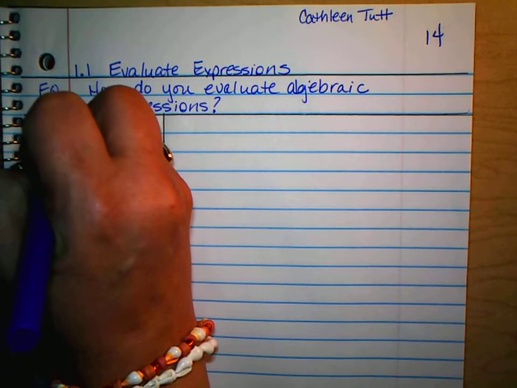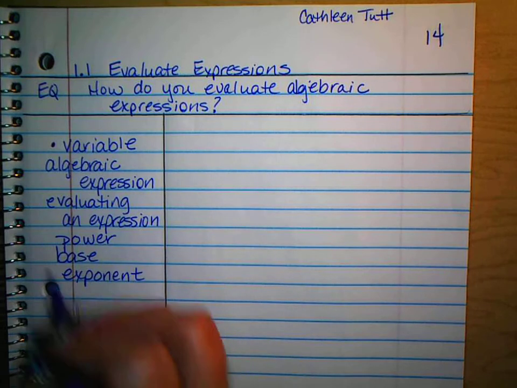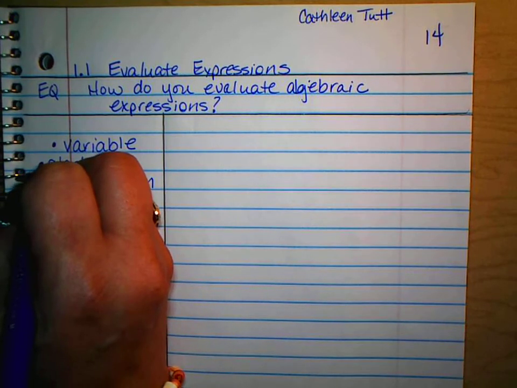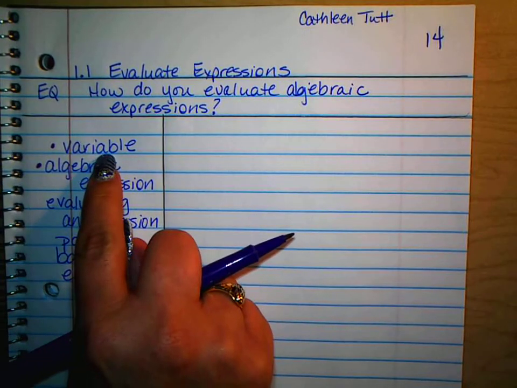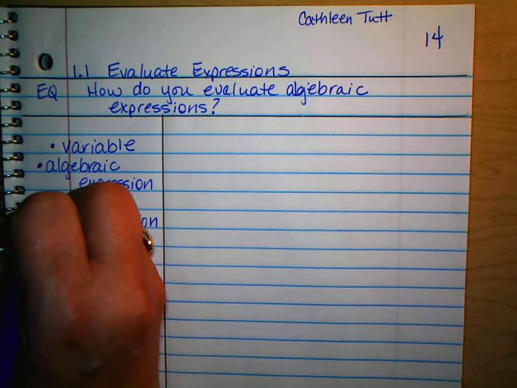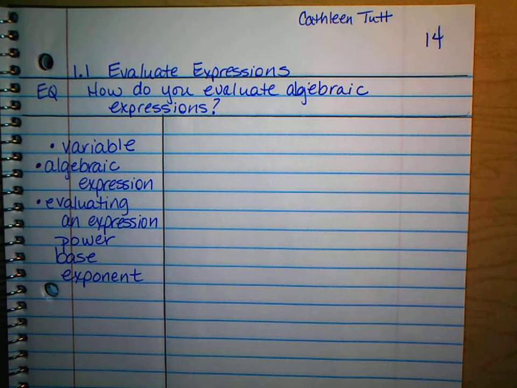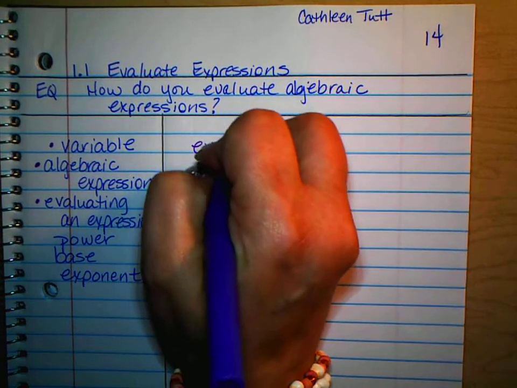A variable is that letter that stands for an unknown value. An algebraic expression is an expression that has variables in it, which is why we call it algebraic. Evaluating an expression means finding the value. I will put evaluate over here.